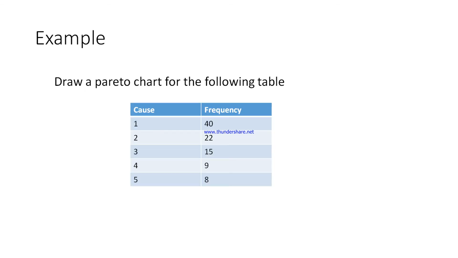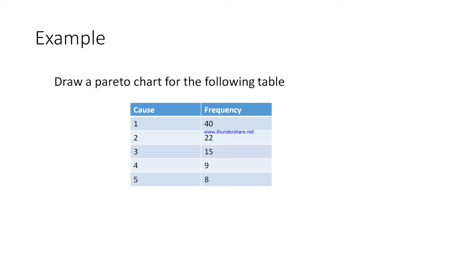Now for an example, let's say when you observe your process, right, and when you take the history of your process, you have found that there are 5 responsible causes for the defect. So I have denoted them as 1, 2, 3, 4, 5.